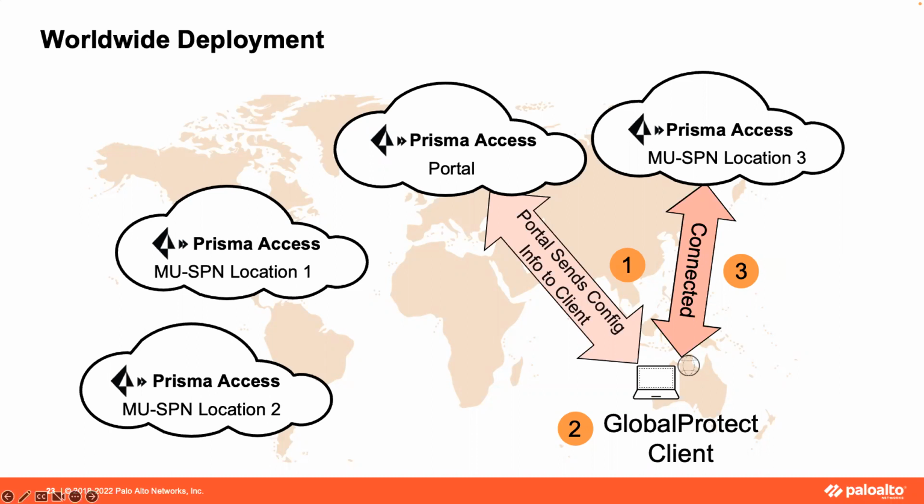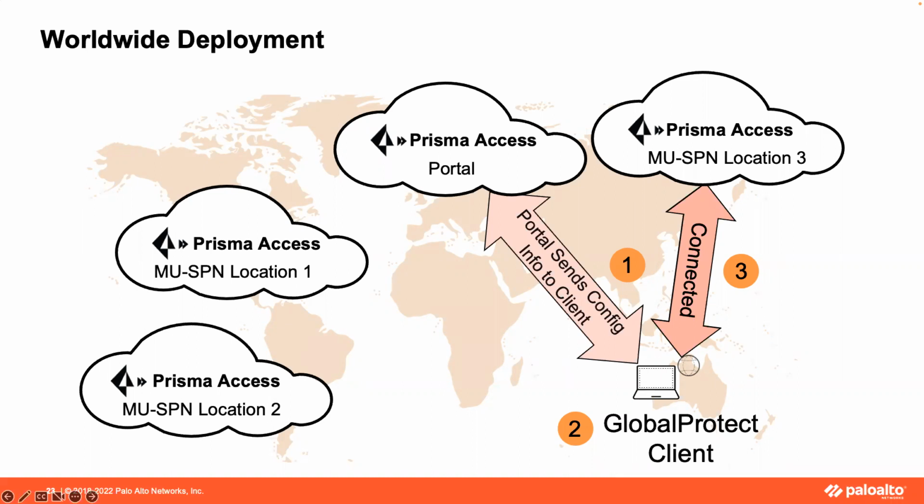You're okay to connect. Here are the rules for your connection. Here's a list of gateways or Prisma Access MUSPNs that you are able to connect to. Here's your authentication method when you connect to the gateway. Here you have the ability to disconnect whenever you feel like it, or disable, or maybe you don't."